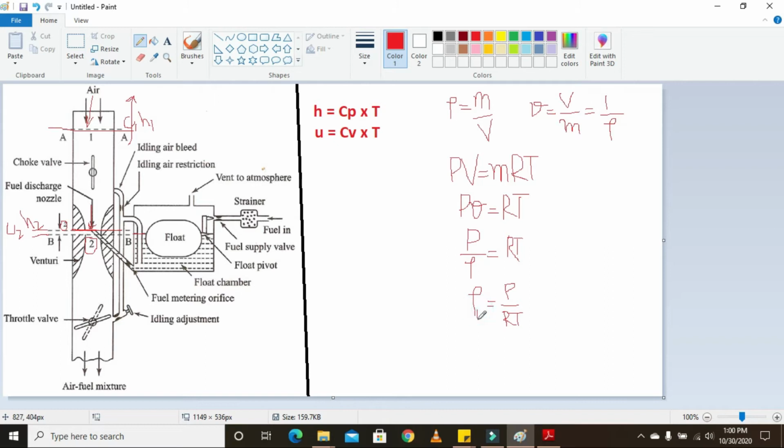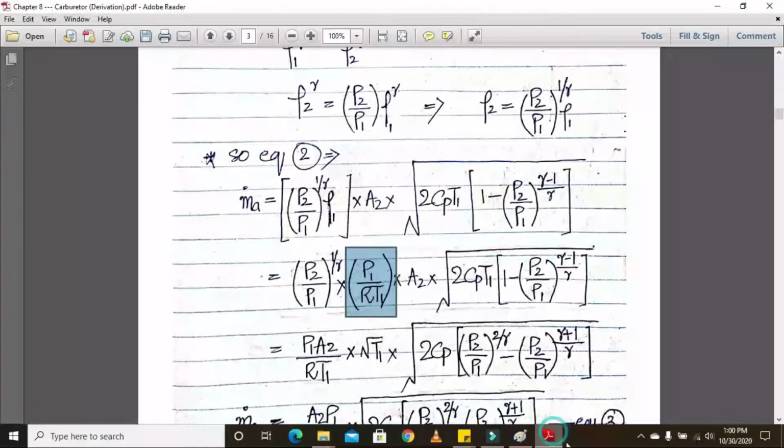Since we are talking about state 1, the pressure and temperature of state 1 would be used. The gas constant R will remain constant here. So we have replaced this density with P1 upon R times T1.